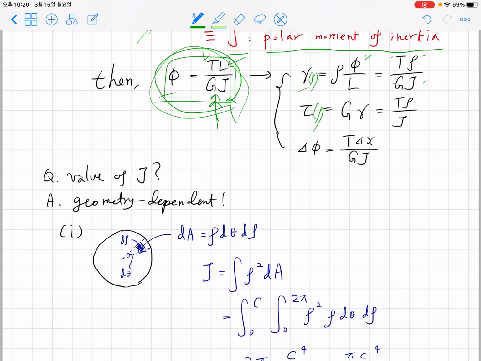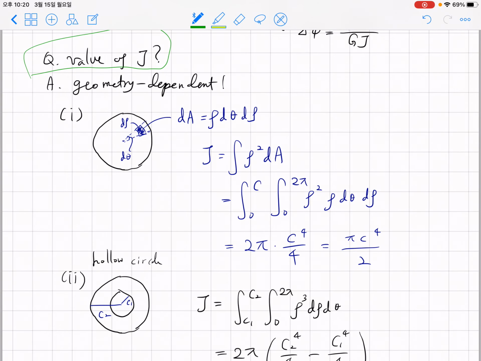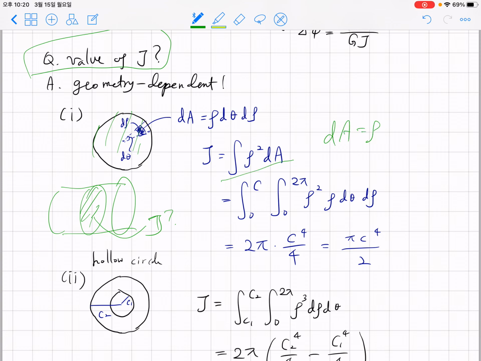Now how about the value of J? It must be geometry dependent, so let's try to do some integrals. For the entire circle, if you consider a simple circular shaft and try to obtain J for this circular cross-section, you do the integral of rho squared dA, and as I told you, dA must be rho d theta multiplied by d rho.